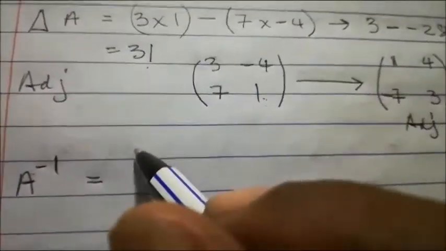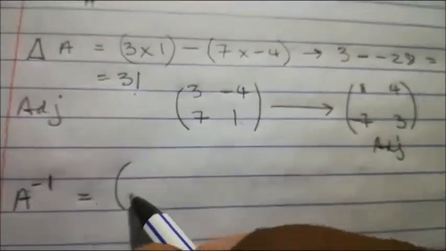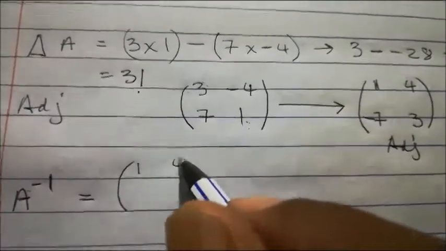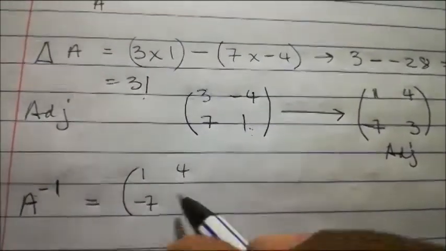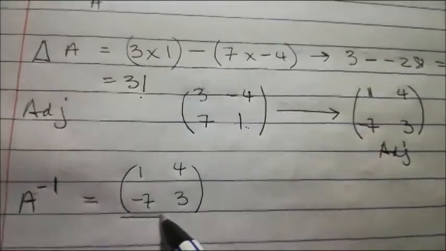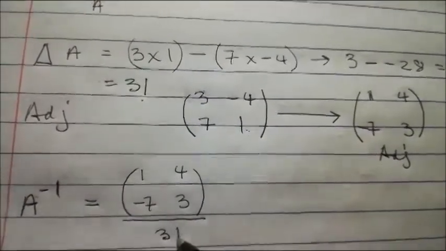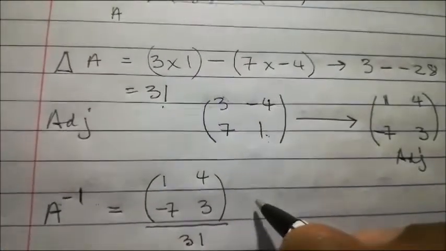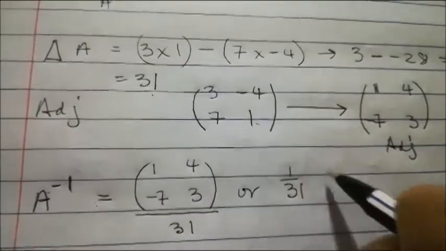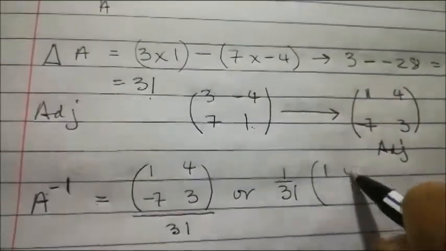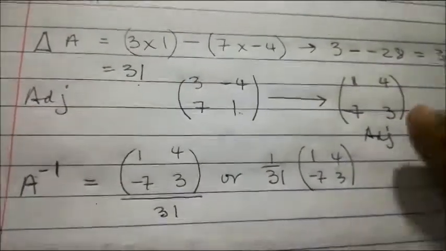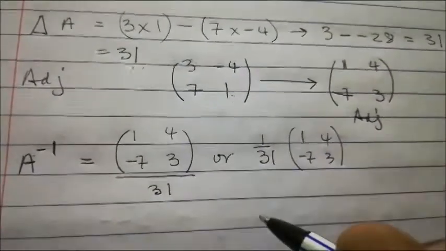So it's going to be 1, 4, minus 7, 3 divided by 31. Or we could put it this way, 1 over 31 multiplied by 1, 4, minus 7, 3. Either way you want, we're going to get the same results, right?